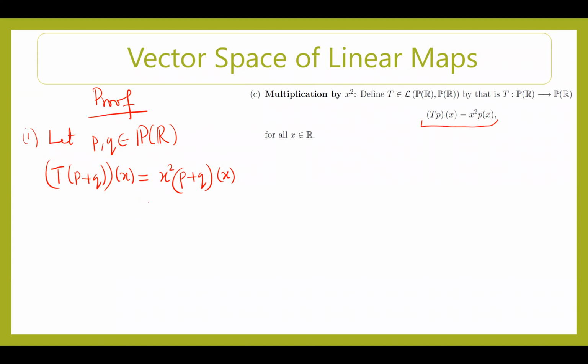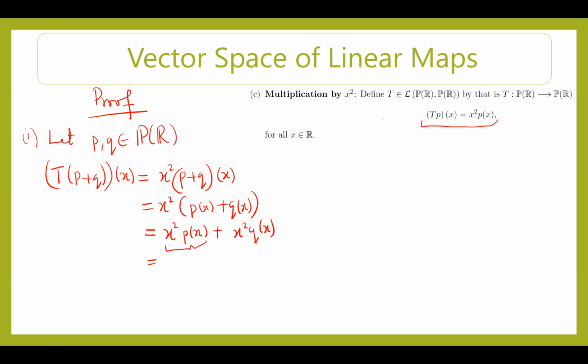All right, so this is not strange because we know how to define the sum of functions, which is basically polynomials in this case. So P plus Q applied to X is simply P of X plus Q of X. And then I open up the parentheses, so I'm going to have X squared P of X plus X squared Q of X. And who is this first guy here?